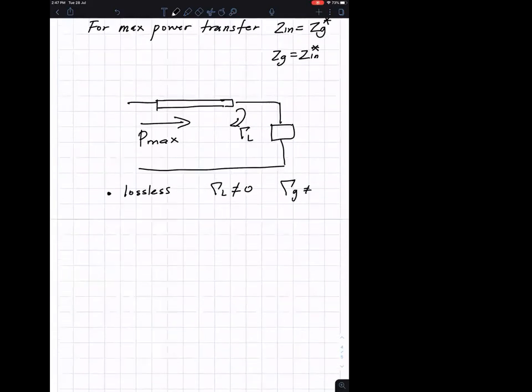If these things are not 0, then all this power is not going to reach the load. Conjugate matching doesn't mean the reflection is going to be 0. We'll be doing a few examples now, and then you will see how it works.